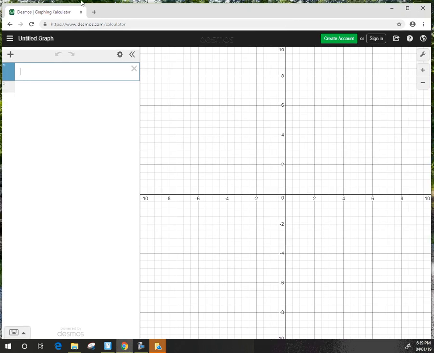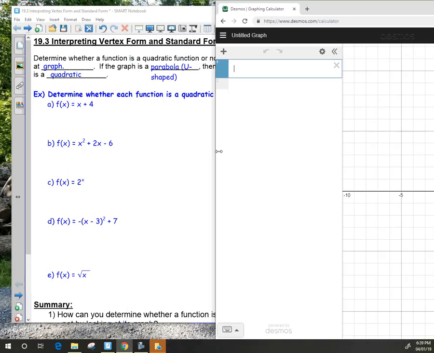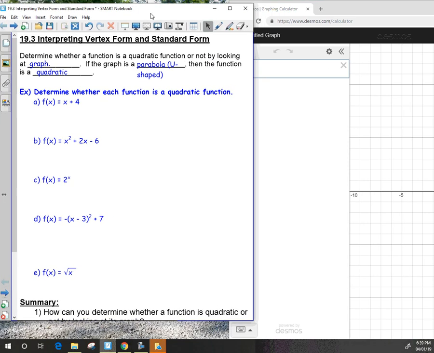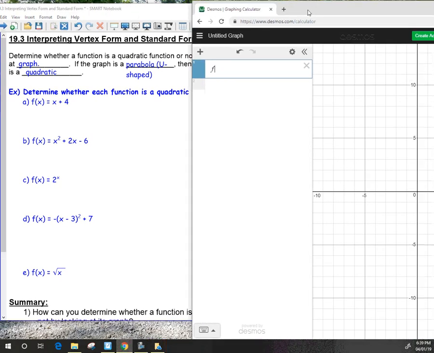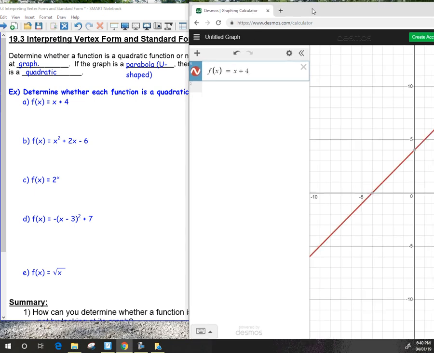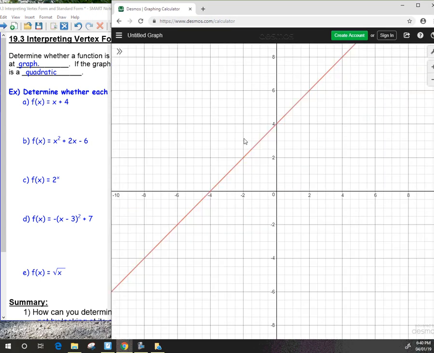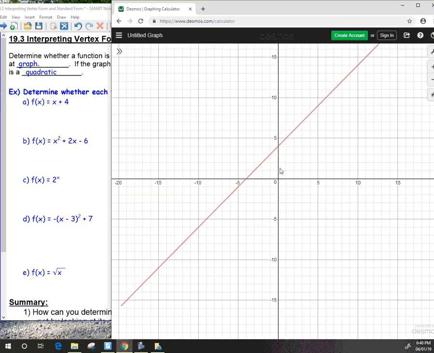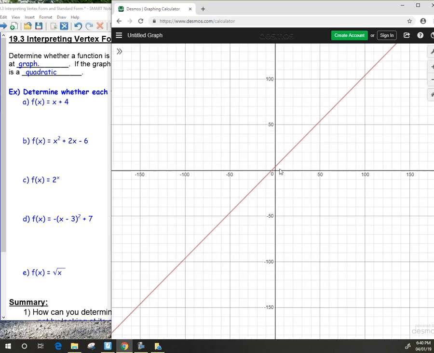So if I pull up our Desmos here, I'm going to try a little bit of split screen so we can see it better. I want to determine if it's a quadratic. We put in f of x equals x plus 4, and if I look at just the graph part, it's a line. Even if I zoom out, making sure I'm seeing all the graph, it continues to be just a line.